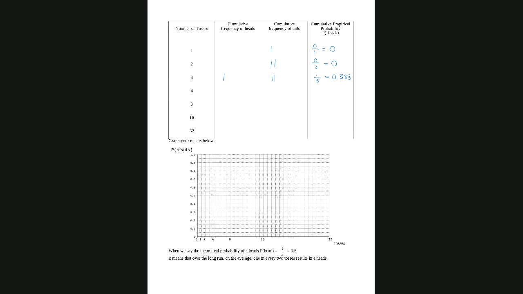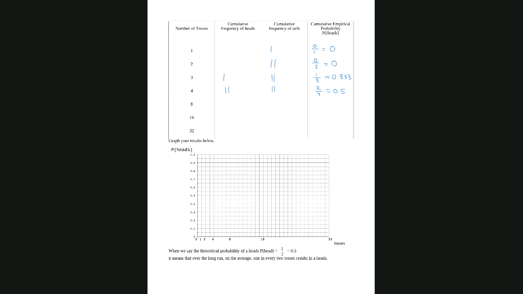Okay, bring the results down, and then let's just flip it one more time. Okay, it's heads. So that takes us to a cumulative empirical probability of 2 out of 4, which is 0.5.